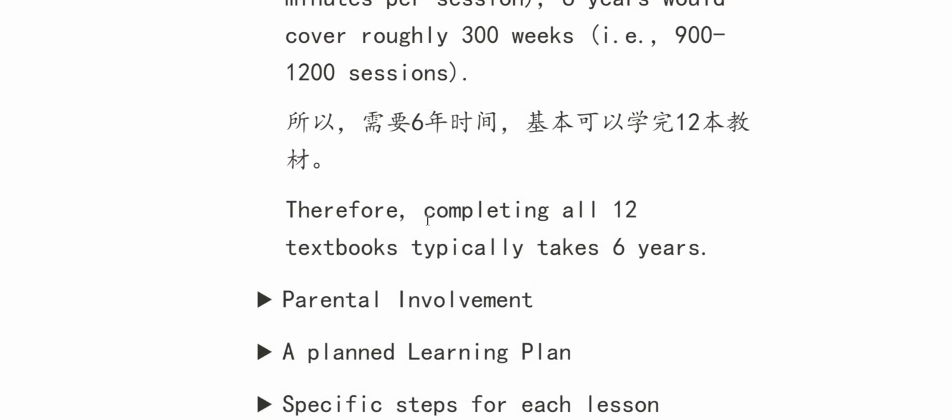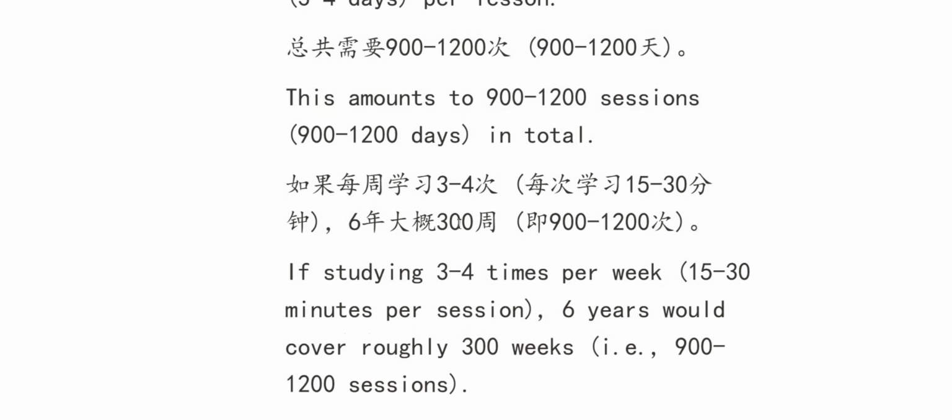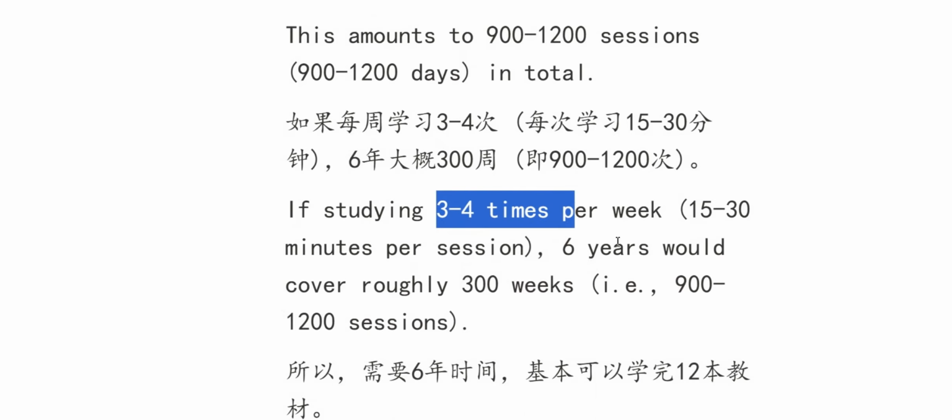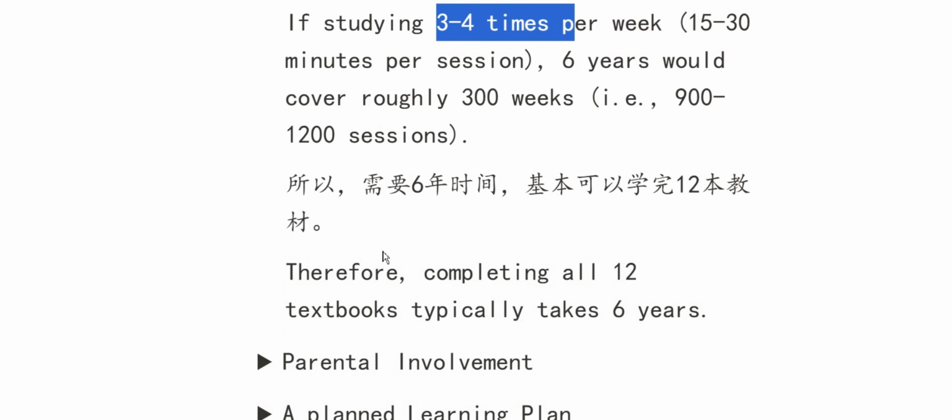Therefore, completing all 12 volumes of textbooks typically takes 6 years for children if they can learn 3 to 4 times per week, and for each session 15 to 30 minutes.